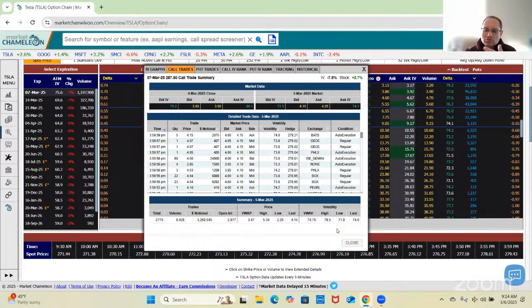So maybe it's trending lower throughout the day, because keep in mind, we are down 7.5%, but that's based on the previous day's close. And the last price is also below that volume weighted average, kind of indicating that there's pressure on the implied volatility on that option.